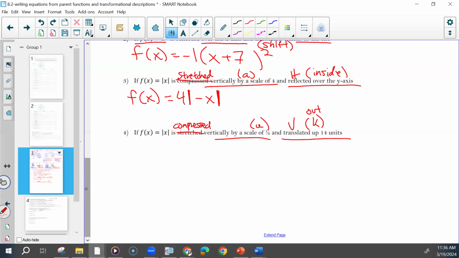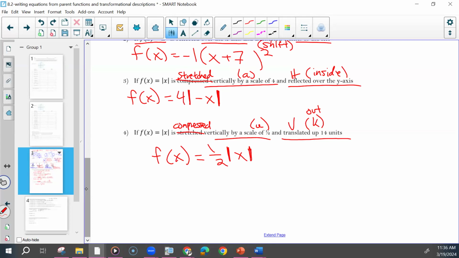Going to start off f of x equals 1/2 absolute value of x. Nothing would go on the inside because we don't have any horizontal transformations.